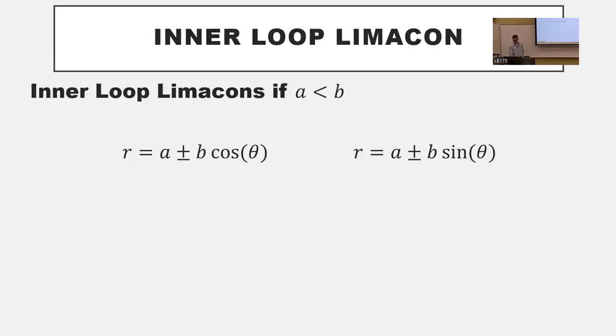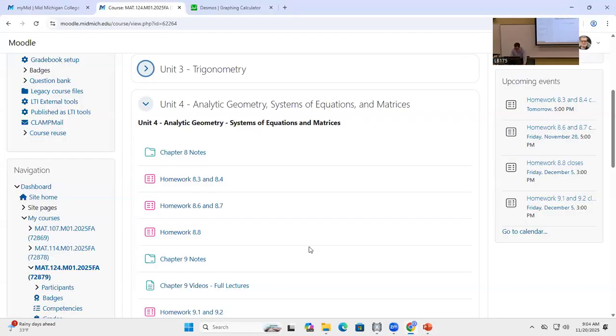If B were bigger, then we have an inner loop. But it's these bean-shaped objects. Remember that? I was at the very, very end of last one. And we were playing around with this on Desmos.